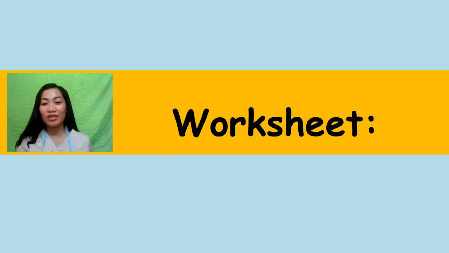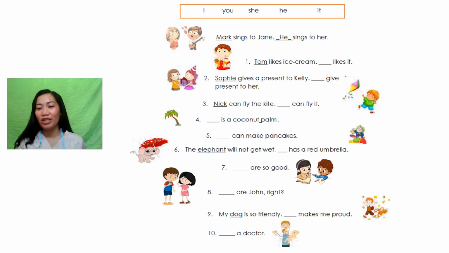And now let's go to our worksheet. For your worksheet, we have 10 items. You have to write the correct answer on the blanks provided. You can write the pronoun I, you, she, he, or it. We have an example for number 1. We have Mark sings to Jane. So he sings to her.